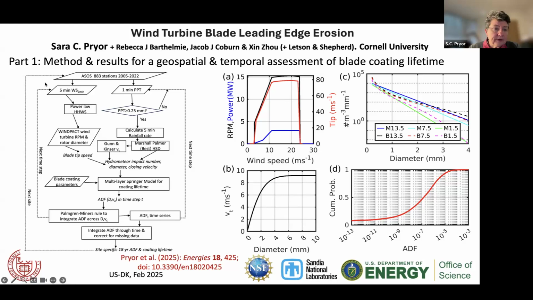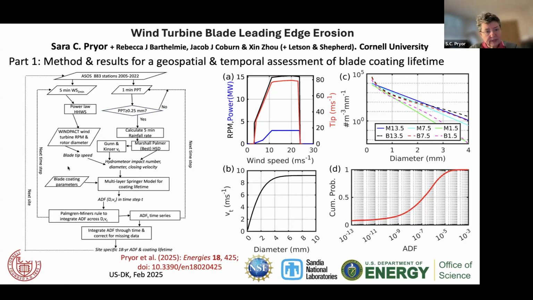In each of these 5-minute periods, I take the 1-minute observations of precipitation. And if any of those 1-minute periods has more than 0.25 millimeters of precipitation, then I compute a 5-minute rainfall rate to link to this 5-minute wind speed.